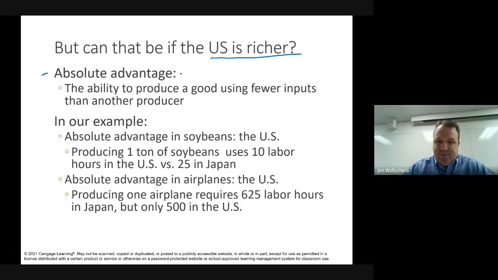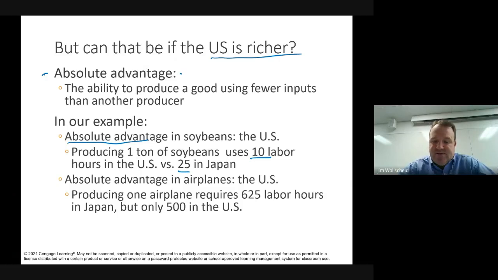So let's look at our example. For 1 ton of soybeans, I need 10 labor hours in the United States and 25 in Japan. So what that simply means is that the US is better at producing soybeans than Japan. The term we use, better at producing, is the absolute advantage.